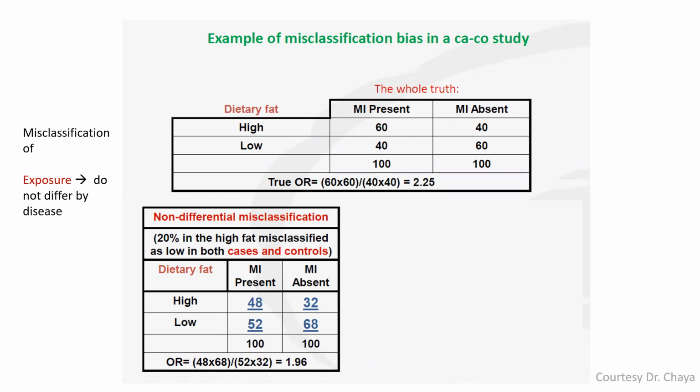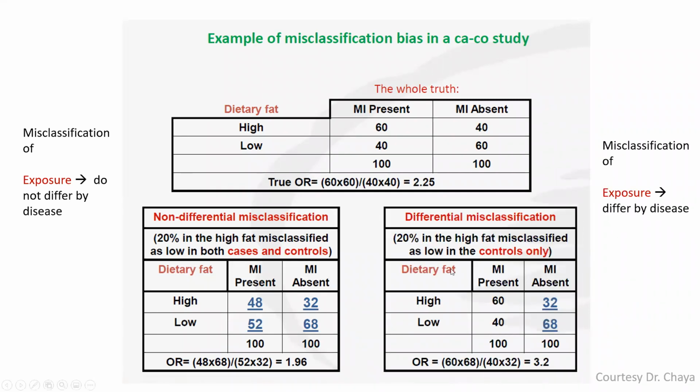It's not going to be such a big deal. This is what researchers used to argue, and this is why we used to say that differential misclassification is a little bit more problematic than non-differential misclassification.